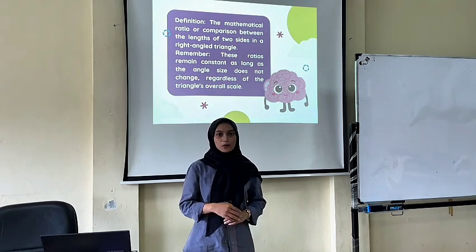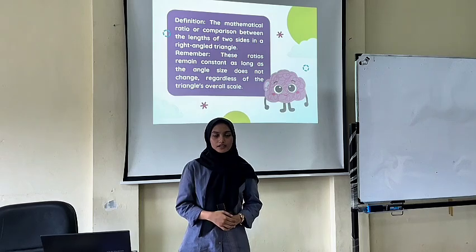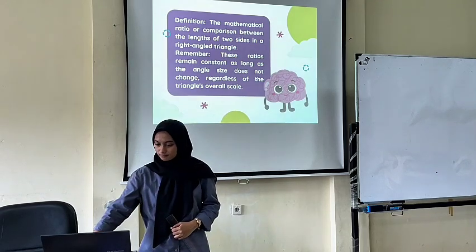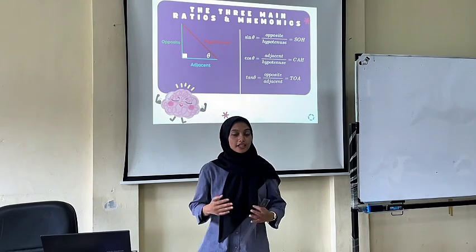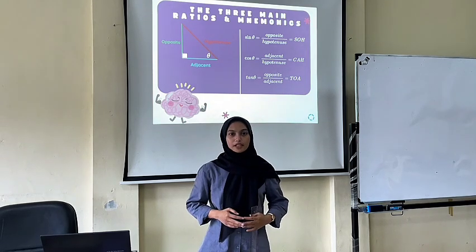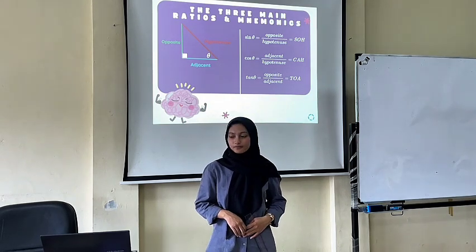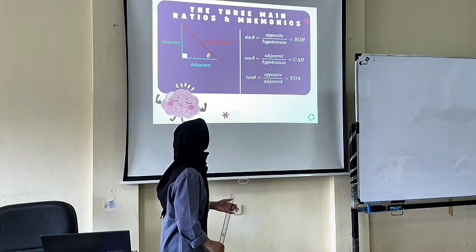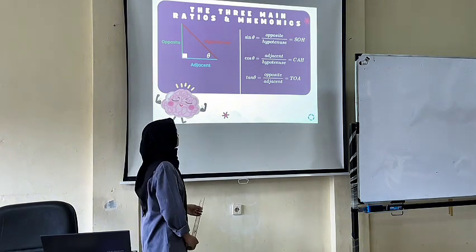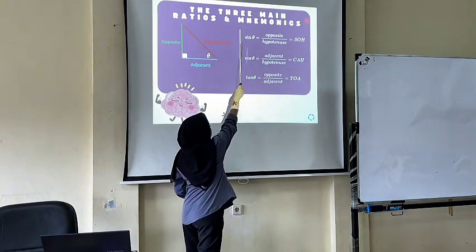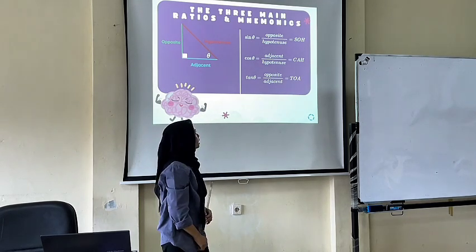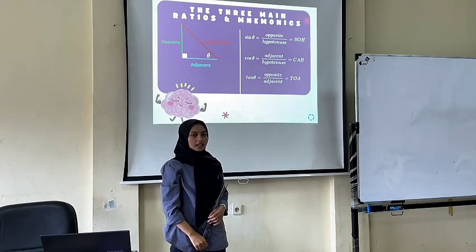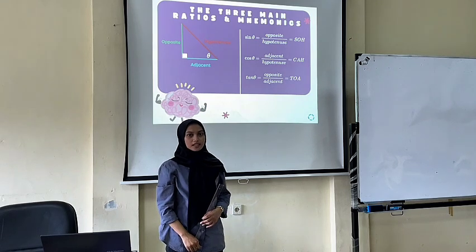In trigonometry, we have three main ratios. First, learn sine. To remember this ratio, we use a mnemonic. Repeat after me. Sin theta is opposite over hypotenuse.